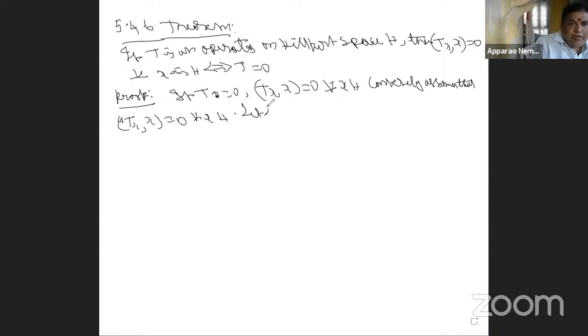Let alpha comma beta be arbitrary scalars. We need two arbitrary scalars.